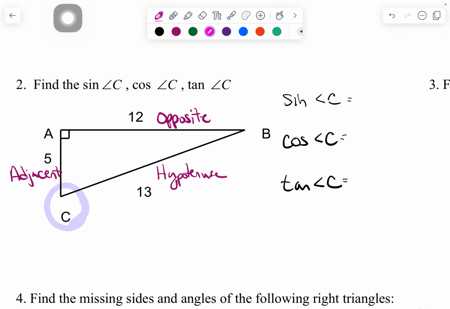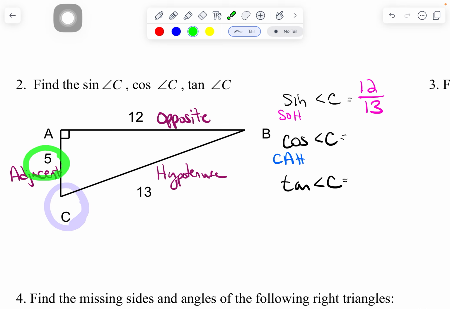So the mnemonic device for the first part is SOH. So sine is the opposite side over the hypotenuse. Okay, opposite over hypotenuse. So that's going to be the ratio 12 over 13. I cannot reduce that. That part's done. Then I've got C-A-H, so that's the cosine is the adjacent over the hypotenuse.